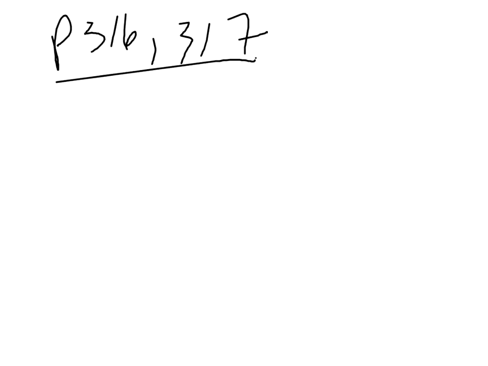There are several different situations in which we need to be able to find values on the graph. And those are shown on the bottom of page 316 and the top of page 317.